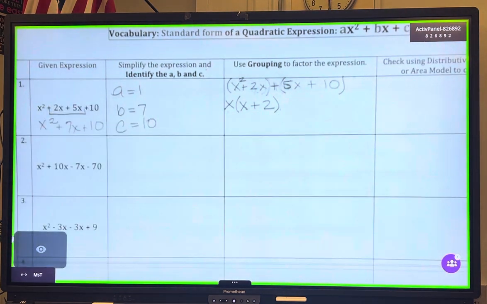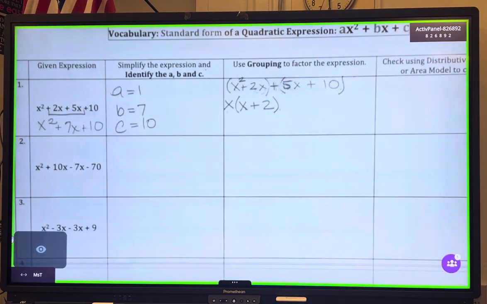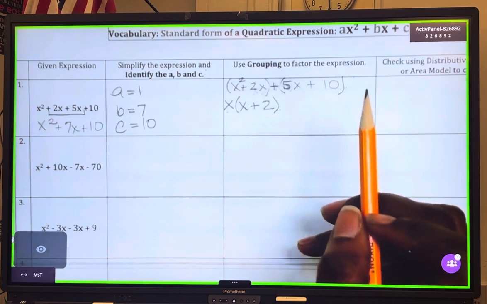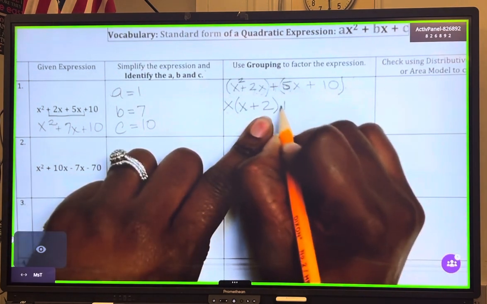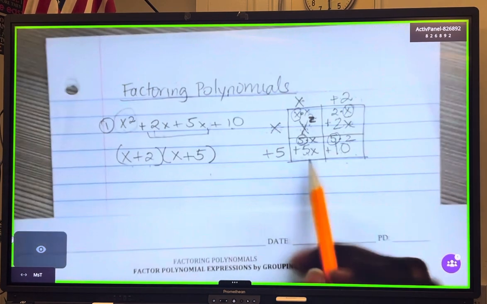Now I'm looking at 5x plus 10. 5x is 5 times x. 10 is 5 times 2. What is the greatest common factor between 5x and 10? 5. What kind of 5? So I'm going to pull out a positive 5. All I'm doing is what was done here.